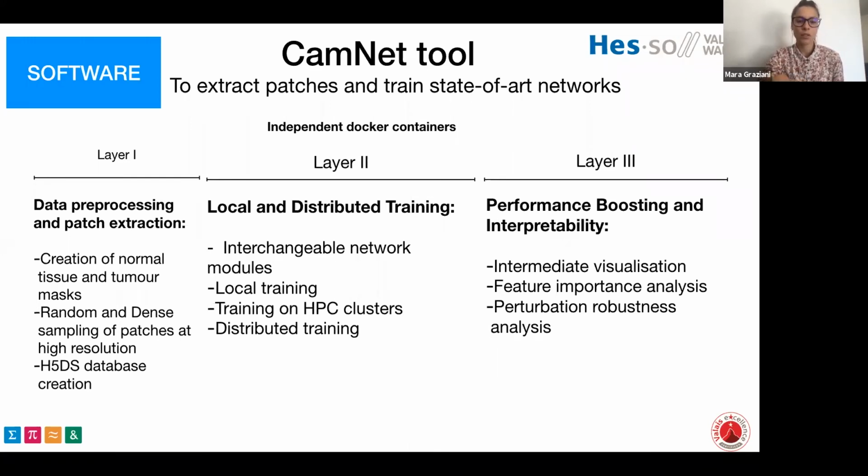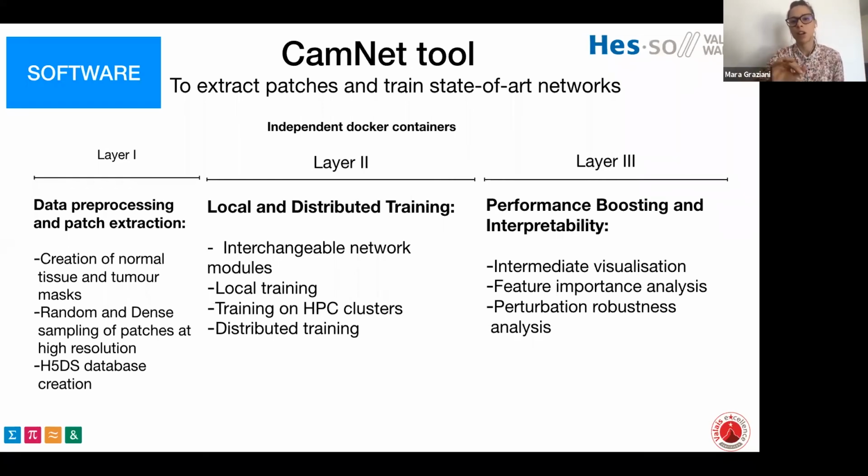And we decided to have both a random sampling of locations, and also a sampling covering densely all the possible locations that could be extracted. And we created an intermediate database of batches where we could store all of our data for training deep learning models. Layer 2 then focuses on the training of deep learning models, and we thought of changing the different networks.